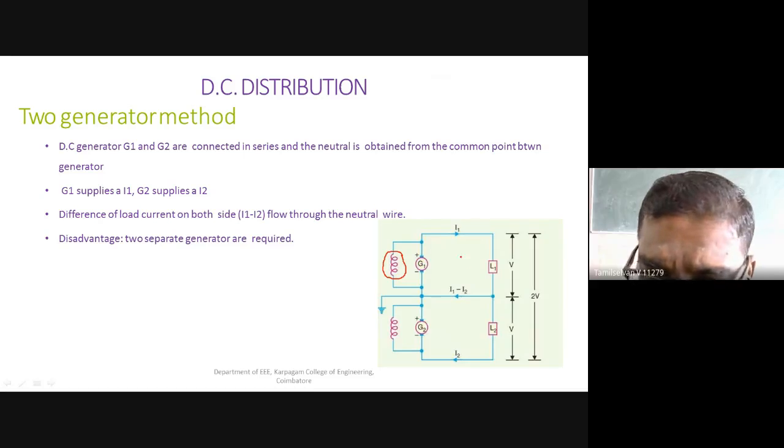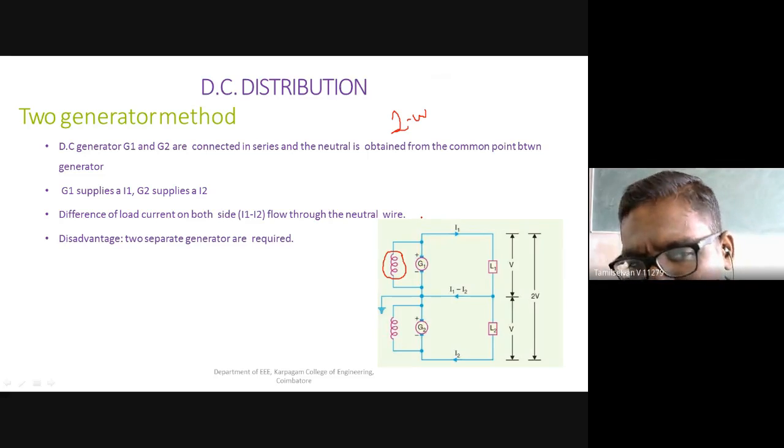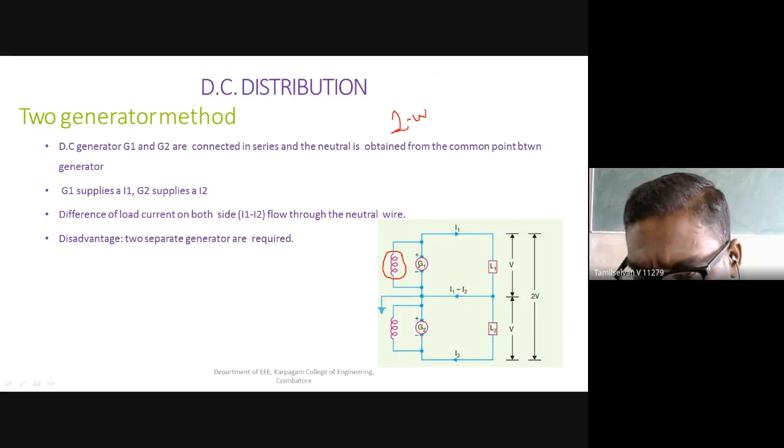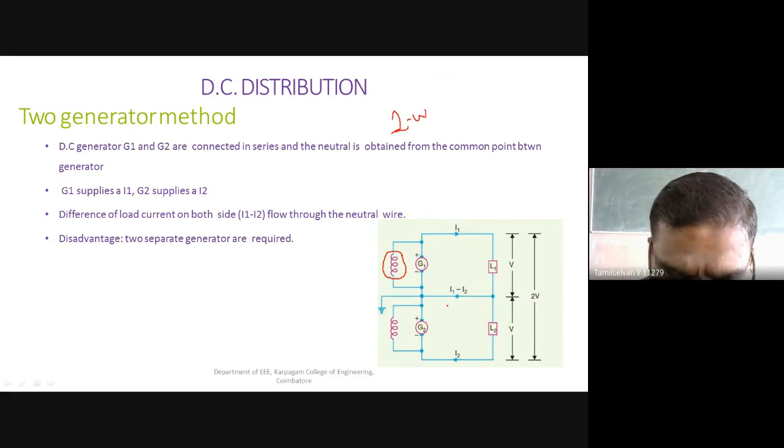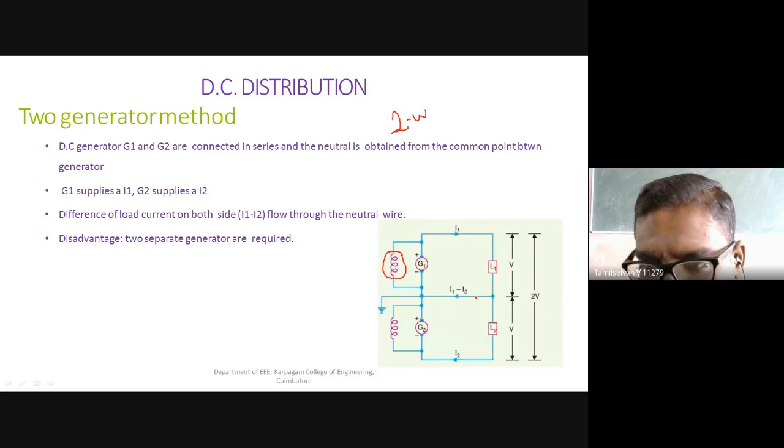Here, when you use a two-wire system, you have two wires, and if you want to use it, we need two generators. That common point is connected to the neutral, where the circulating current or difference current flows through the neutral point.